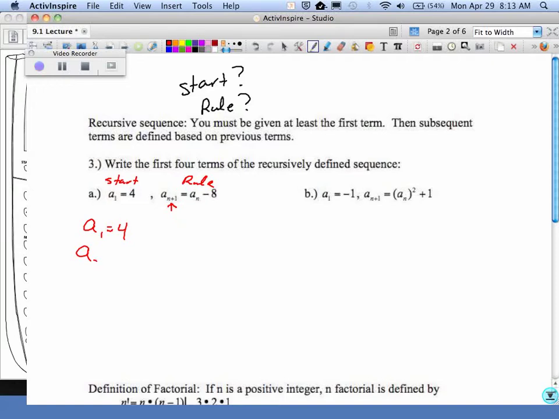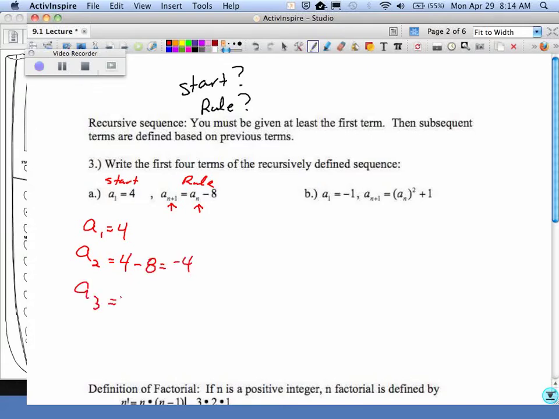If I'm looking for step 2, that would be 1 plus 1 right here, so this n is a 1. What it tells you is to look at your previous answer and subtract 8. So 4 minus 8 gives me negative 4.